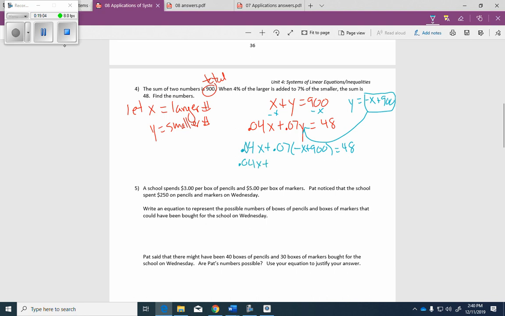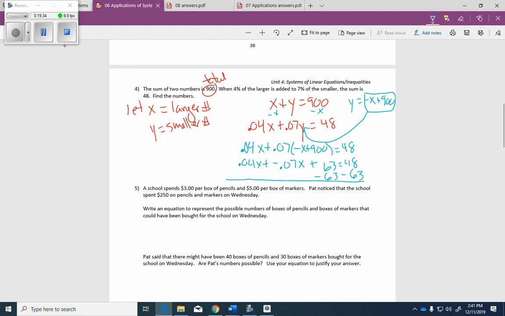If I distribute, I get negative 0.07x plus whatever 900 times 0.07 is, 63. I'm going to subtract 63 from both sides. 48 minus 63 is negative 15.